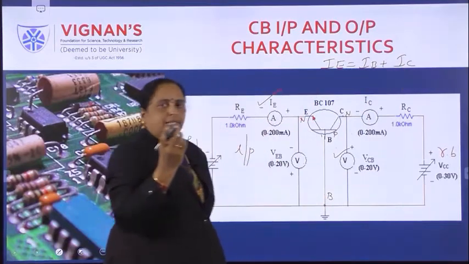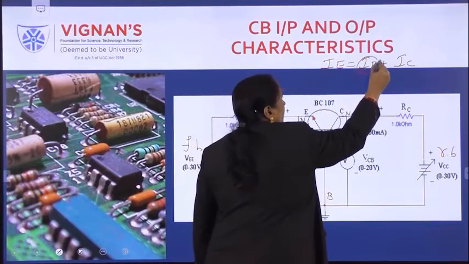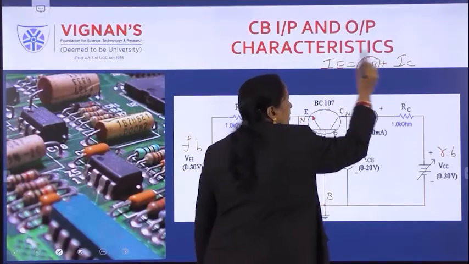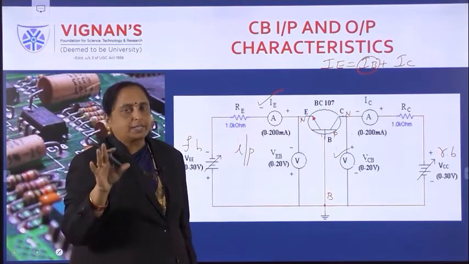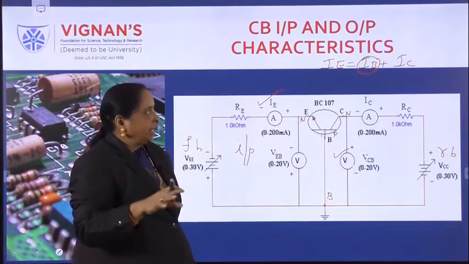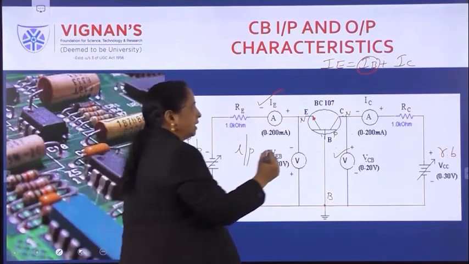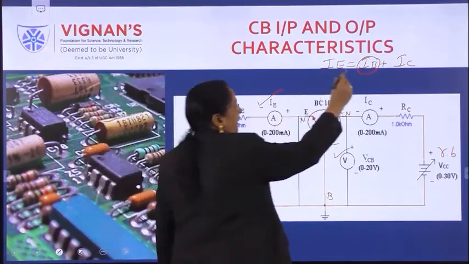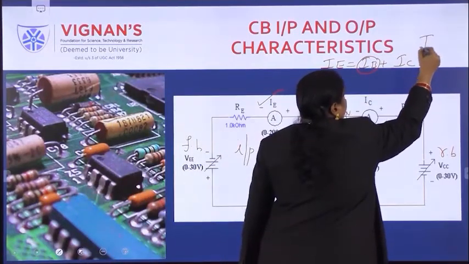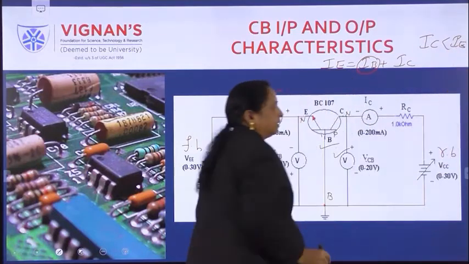Very few charge carriers recombine in the base. Therefore, IE would be equal to IC if IB is equal to 0. If no recombinations take place, as in an ideal transistor, IE is equal to IC. But practically, certain recombinations take place within the base. Therefore, IC is always less than IE.